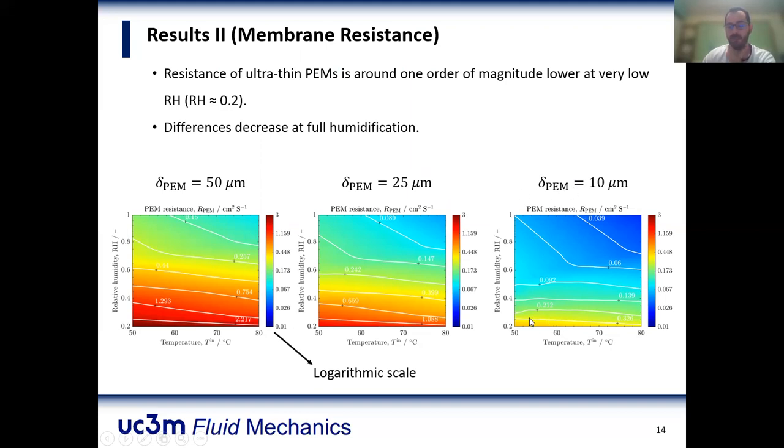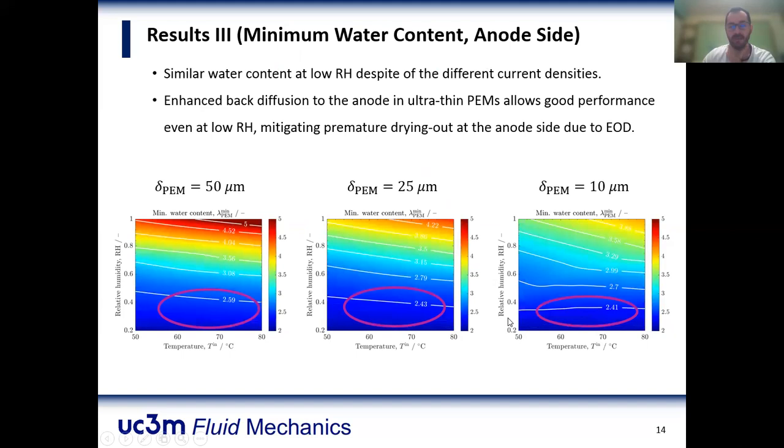Here there is some coupling with water balance. If I look at the water content, you can see that it is almost the same at low humidification, despite the fact that the current density we are reaching with the ultra thin membrane is much higher.